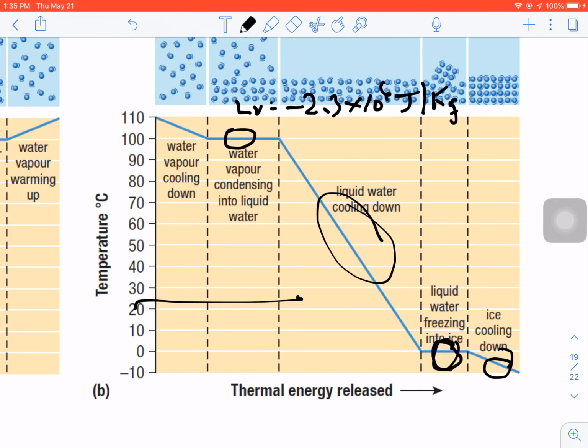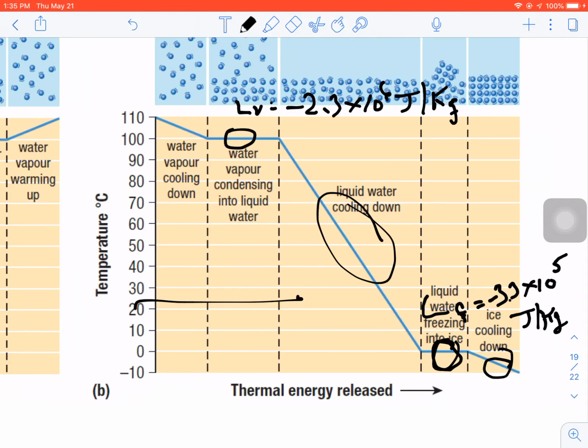Down here, my LF, because it's going from a liquid to a solid, it's basically losing potential energy. That's what LF is talking about, how much potential energy was being added to separate them into the new state. It's going to be minus 3.3 times 10 to the power of 5 joules per kilogram.